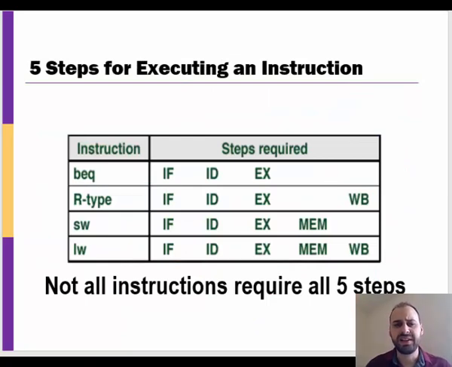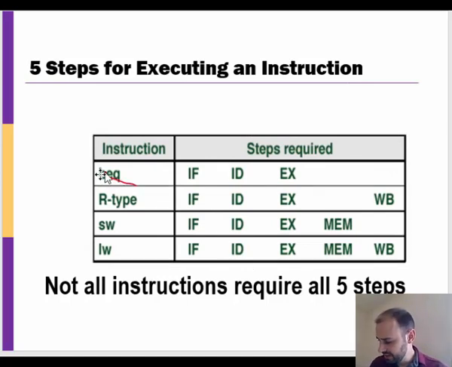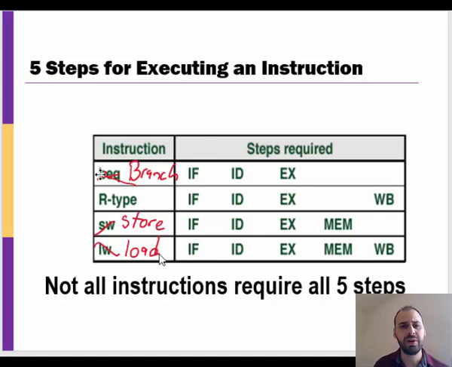Let's note a couple things. And I'm going to update this diagram a little bit just to make it more clear of what's going on. What we're referring to is, oops, this is our branch, and this is our store, and this is our load.